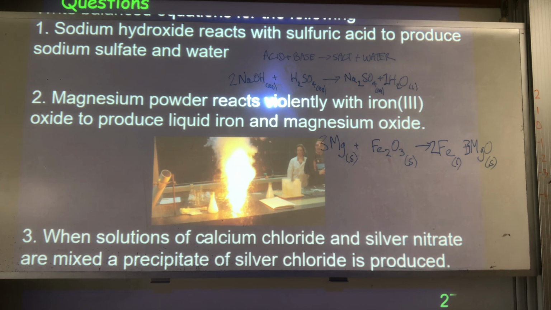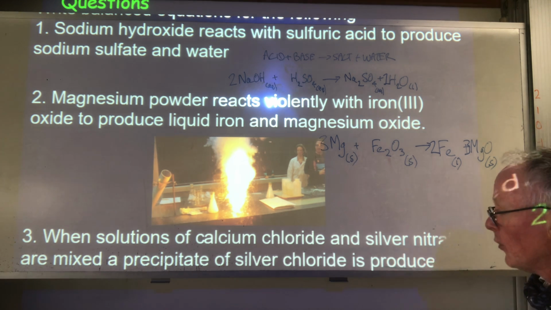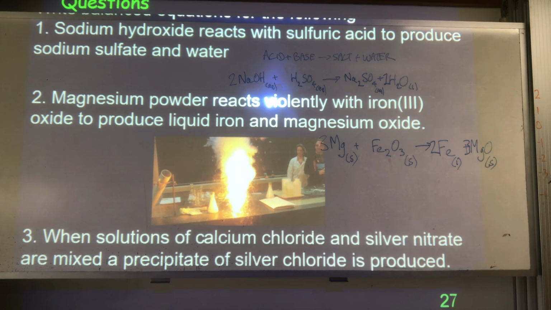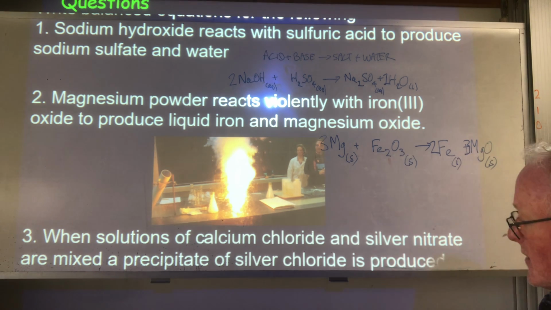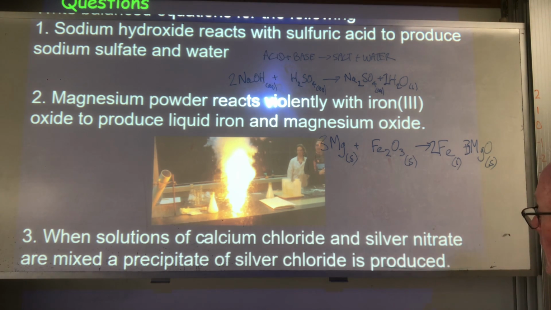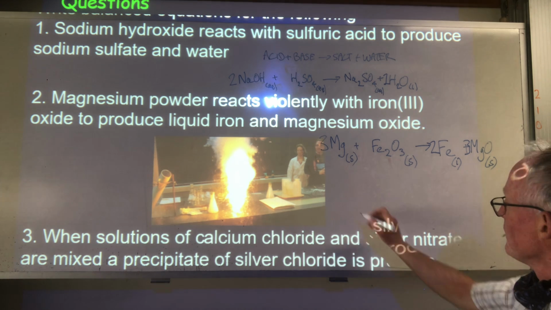Now, equation 3 is a double replacement reaction. We did a little bit of that in our work on water. So we're told the 2 reactants, and we're told what one of the products is. It'll be pretty easy to work out the rest. So one of the products is a precipitate, so we know that's the solid. So calcium chloride.